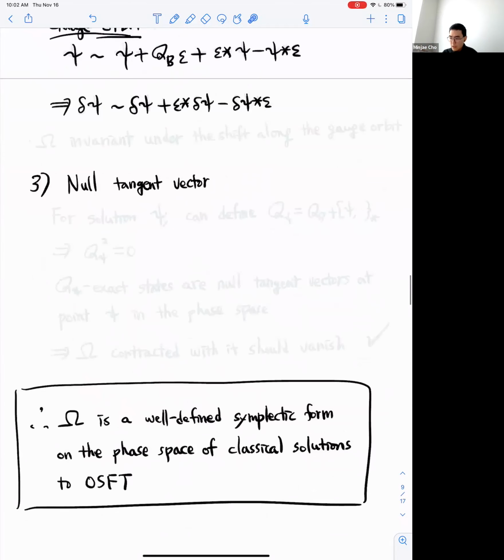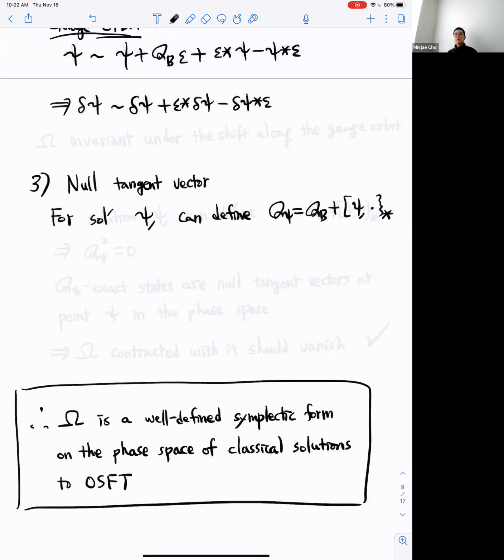This is not the only gauge transformation that we have to care about. There is something called a null tangent vector. Okay? So for a solution psi, we can define the BRST operator expanded around the solution. That is given by the ordinary BRST operator plus the graded commutator against the solution itself.